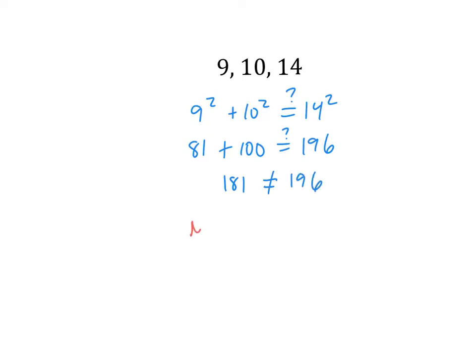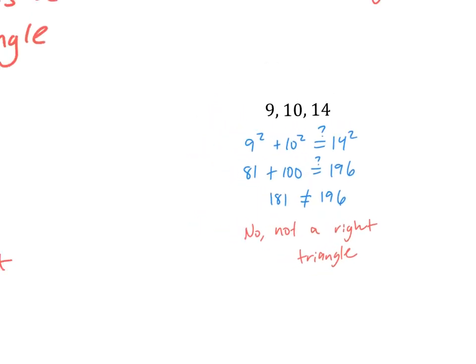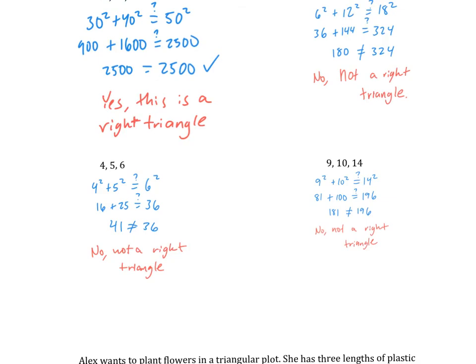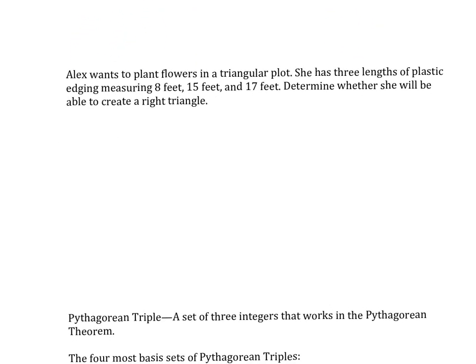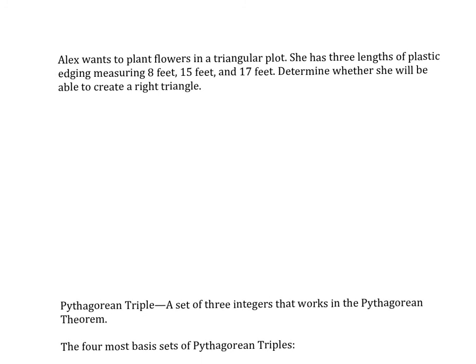So no, this is not a right triangle. As you can see, for any three numbers put together, it's not very likely that they would make a right triangle. But we'll look at that a little bit more soon.